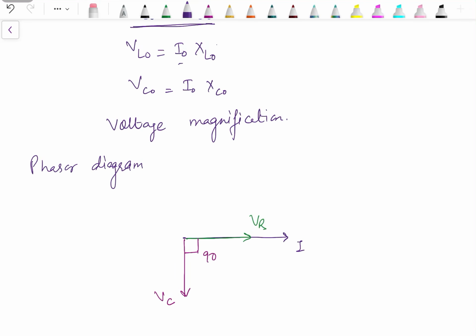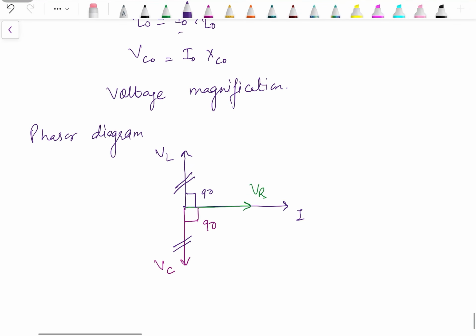Voltage across the inductor leads the current by 90 degrees. Since they are equal in magnitude, they will cancel out each other and voltage VR, which is equal to V, is in same phase with current I.